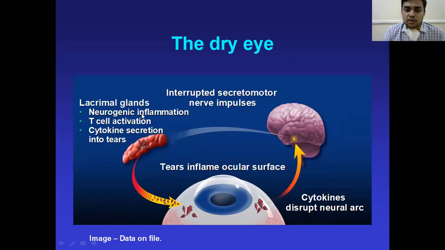There is a neurogenic inflammation of the lacrimal gland, and there is T cell activation, and pro-inflammatory cytokines are released into the ocular surface, and finally it leads to an inflammatory ocular surface. Here we see the congestion of the conjunctiva. Not only the inadequate tears, the dry eye also leads to inflammation of the ocular surface.